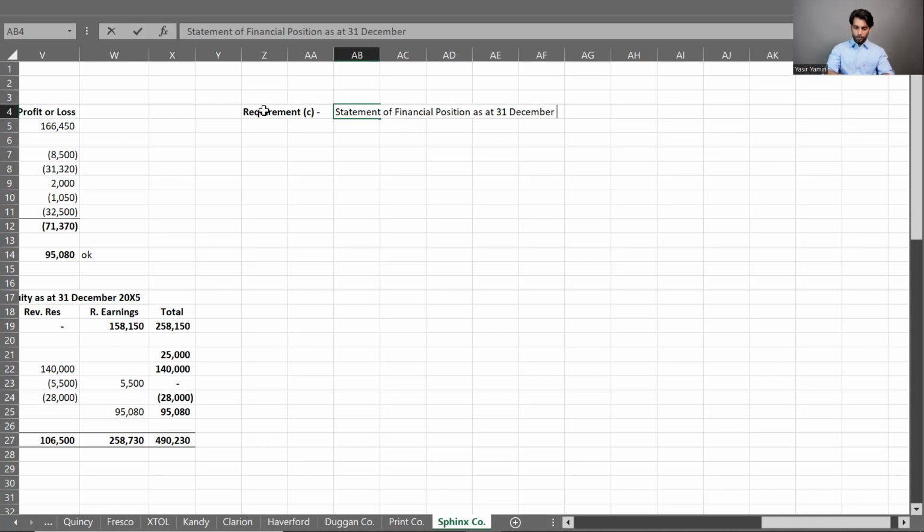When you prepare a balance sheet, you first put the heading of assets, and under assets, you get non-current assets.